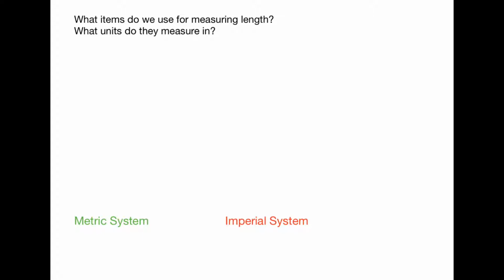Okay, so I'm going to kick off with a ruler. I'm going to say we could use a tape measure. We could use a trundle wheel. We could use, in a car, it's called the odometer.